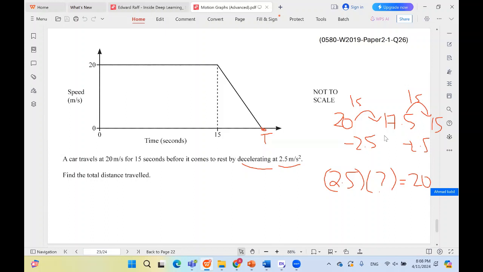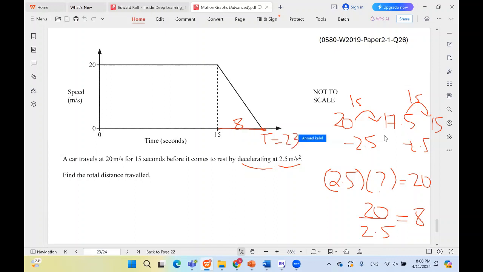The answer would be simply 20 over 2.5, and this would be 8. So if we subtract 2.5 8 times, the 20 becomes 0. And since we're subtracting 2.5 every second, this basically means that we need 8 seconds to reach 0. So this amount of time here is actually 8, and therefore t equals 23.